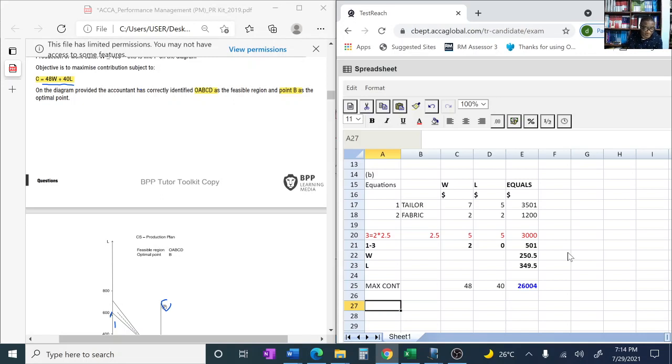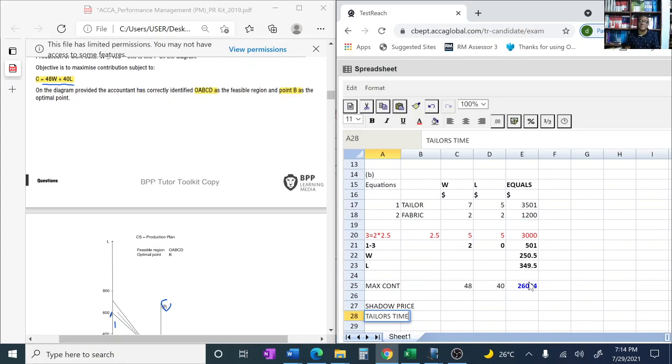So I can work that here. Shadow price of tailor's time will simply be the increase in contribution.